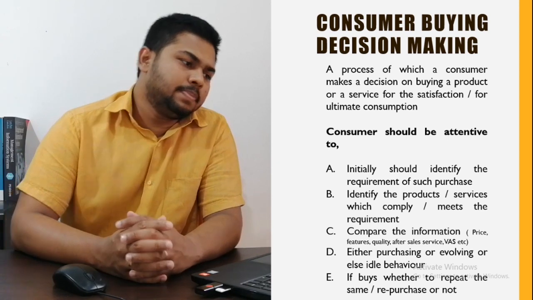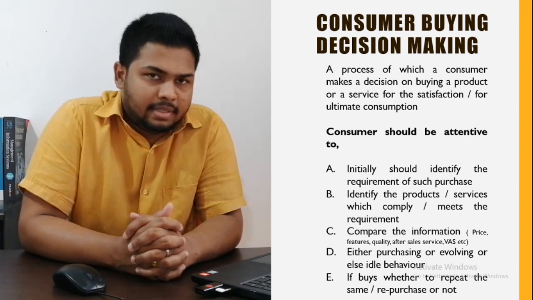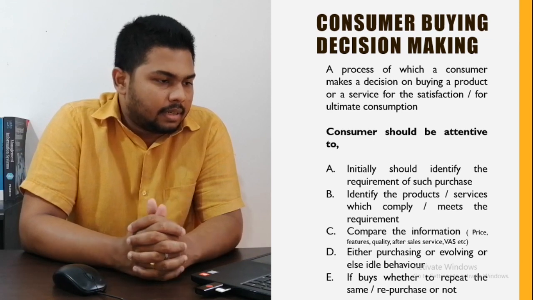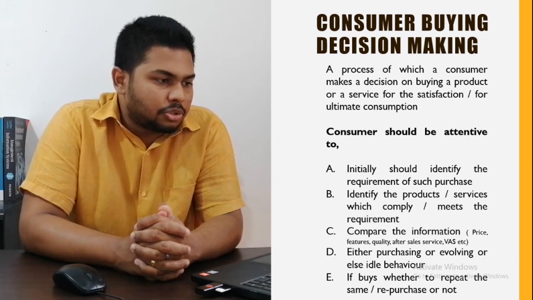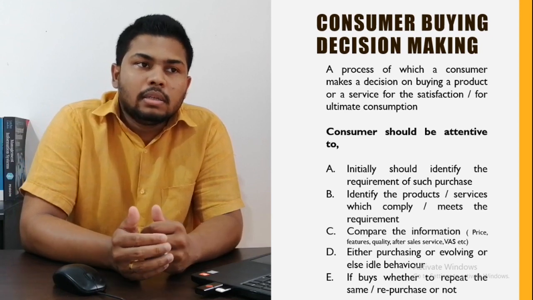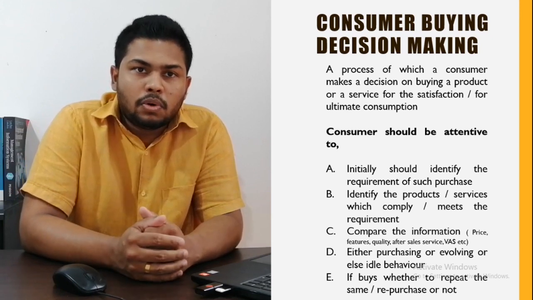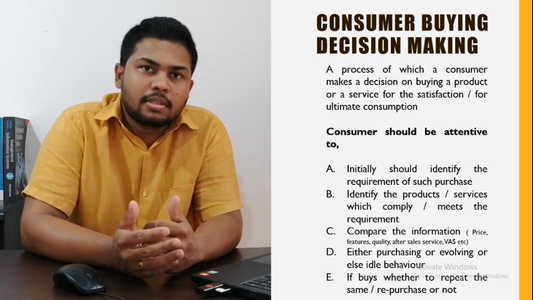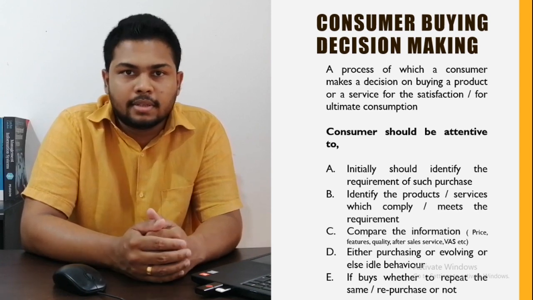So a consumer should be attentive to, see the slide, initially identifying the requirement. If you feel thirst, you don't want to buy anything to eat, right? Because your feeling is not hunger, your feeling is thirst. So you must find something to quench your thirst.